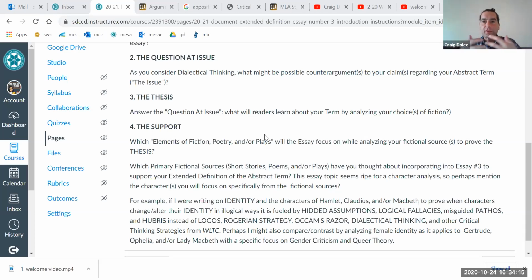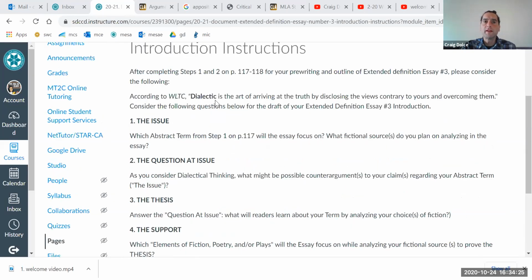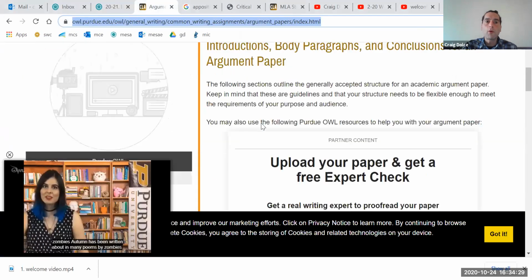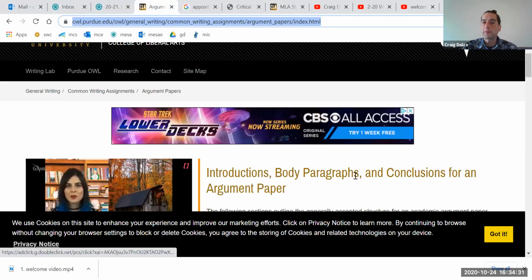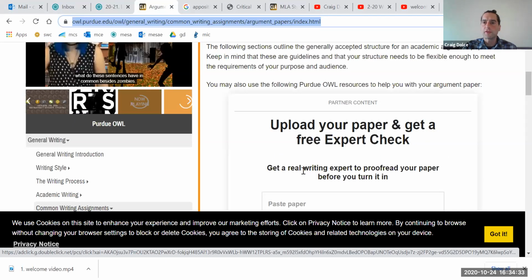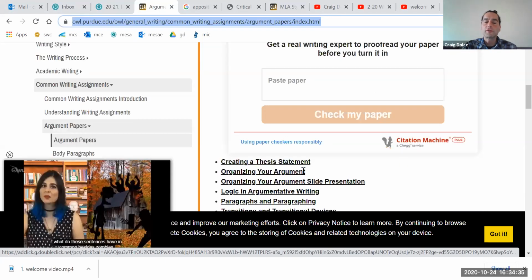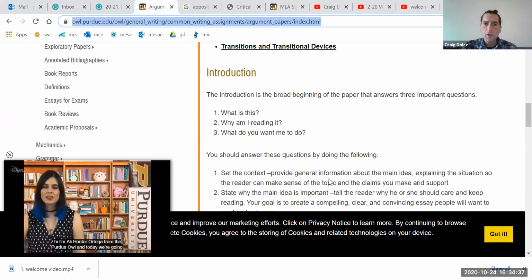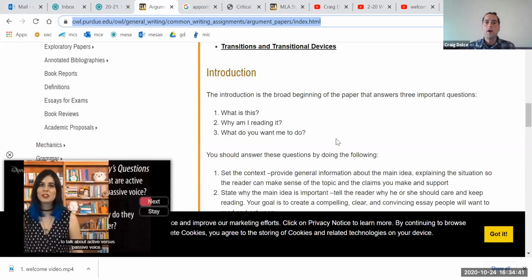And when you synthesize your analysis with your evaluation of the sources, that's when you're composing your academic argument. So what I'd like to do is draw your attention as well to the Purdue OWL webpage on introductions, body paragraphs, and conclusions. And we'll just focus on the section on introductions.